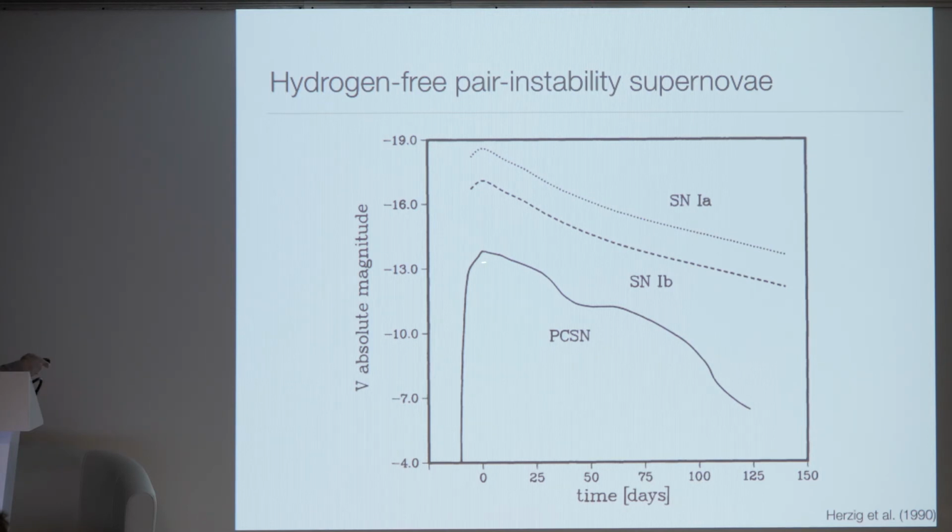So just from the thermal energy, you can make this pair instability supernova a relatively faint transient. Because there's no nickel, they will be much fainter than these other type Ia or type Ibc supernovae, but because of the high explosion energy, they can still be a very faint and long-lasting transient, just thanks to this adiabatic cooling.